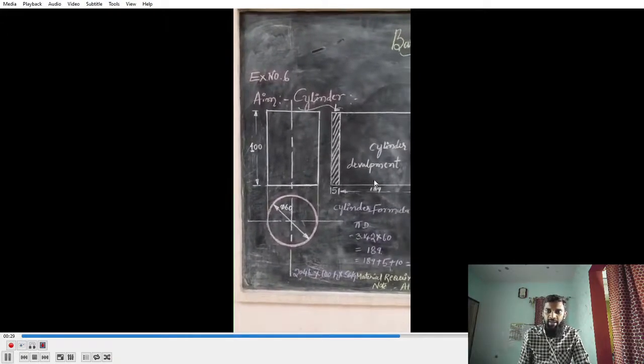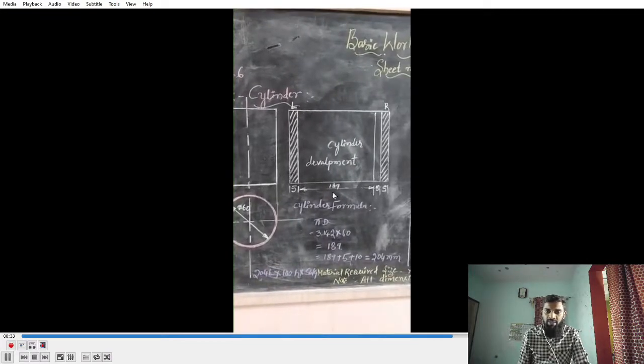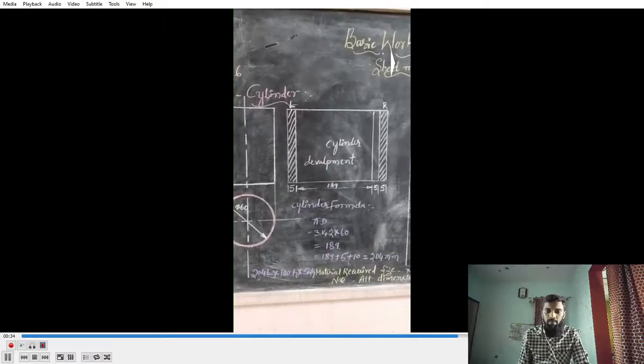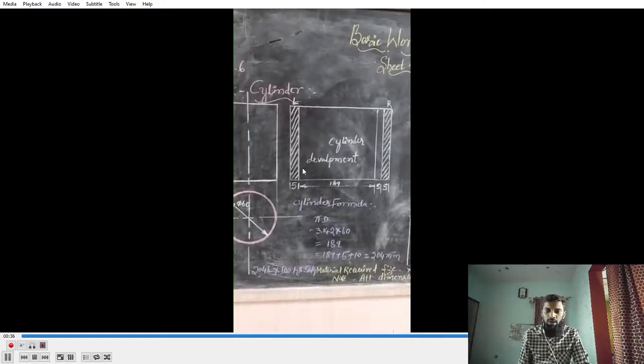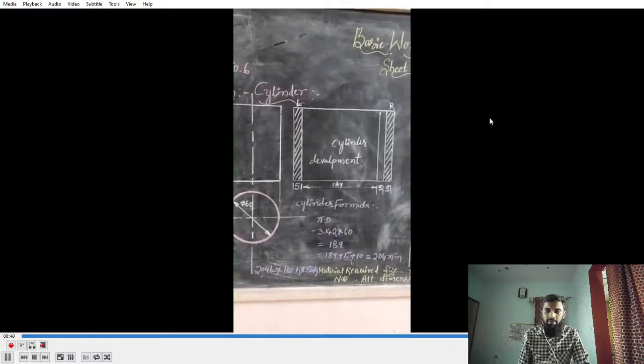Approximately 189 mm is marked for the development and 5 mm on the left side and 5 plus 5, 10 mm on the right side, and the hatching is done in order to identify the extra material left for the purpose of seam joint. Whatever the dimension is marked here is in millimeter. See, this is how you have to draw in order to know the development of cylinder.